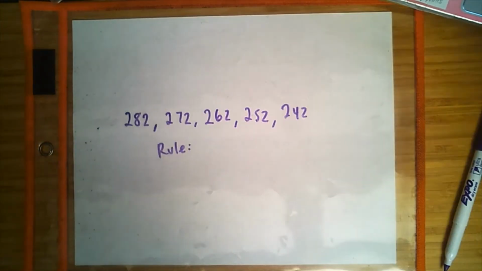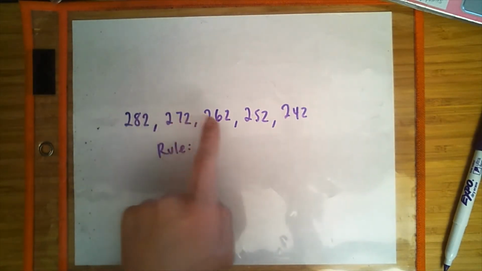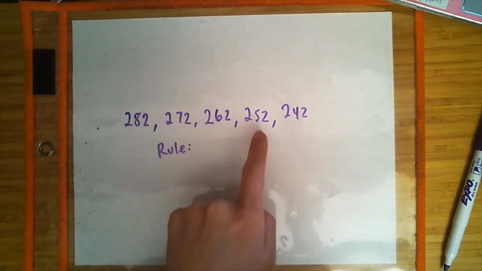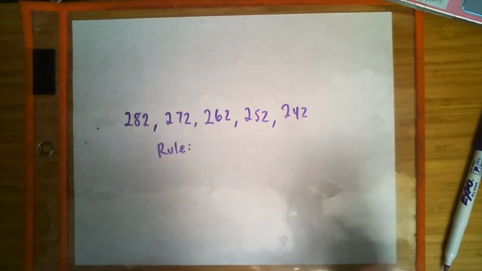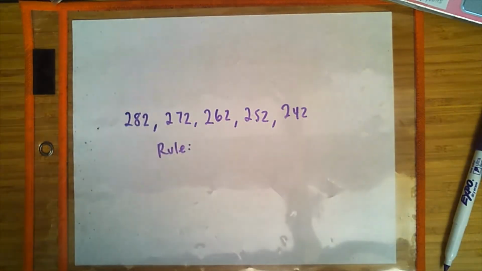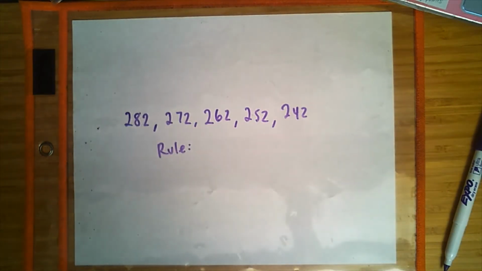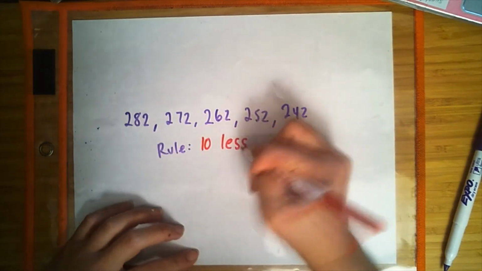Next pattern. 282, 272, 262, 252, 242. Pause the video here and tell a friend or a family member what you think our rule is for this number pattern. If you were thinking 10 less, you are correct.